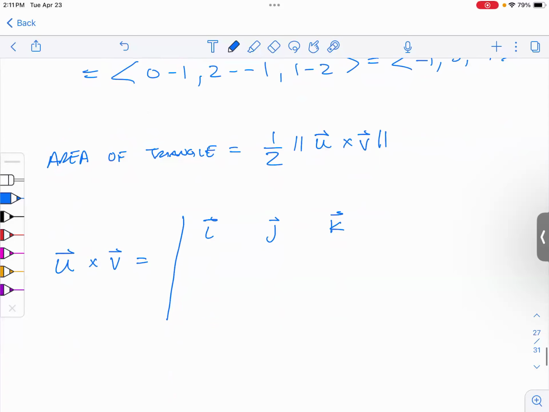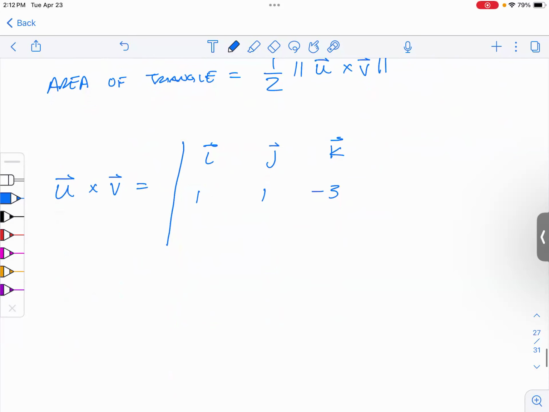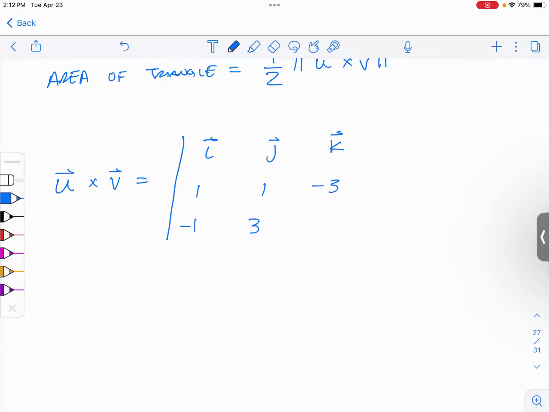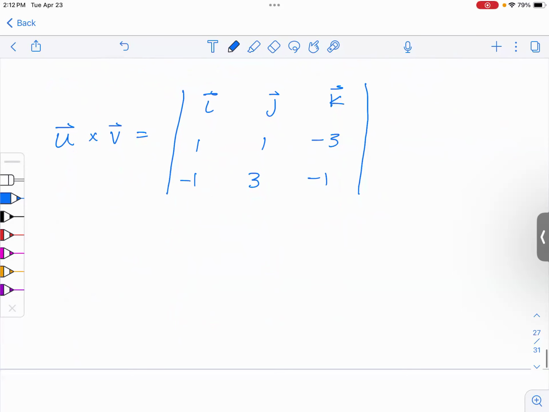So now the cross product, with I, J, K. So I. And the good news, the term out front is always the components I, J, K. All right, that results in what determinant?